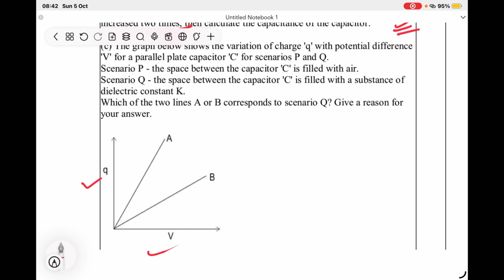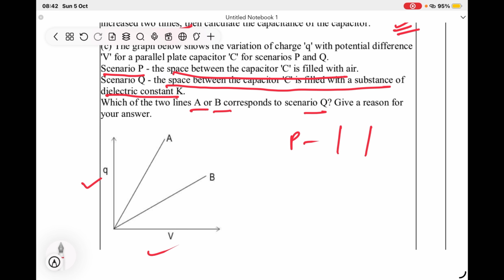And what have they asked? Which of the two lines A or B corresponds to scenario Q? In scenario Q, the space between the capacitor plates is filled with a substance of dielectric constant K, and in scenario P, the space is filled with air. So scenario P is the capacitor with air, and scenario Q is the capacitor with a dielectric substance of dielectric constant K.